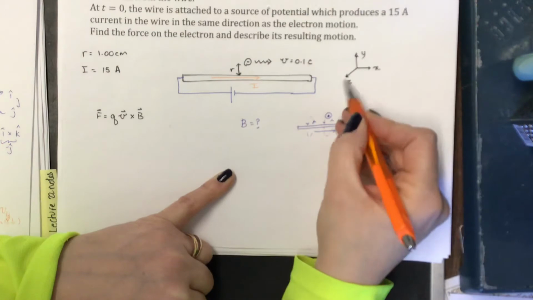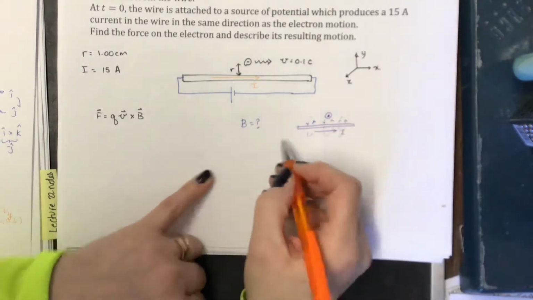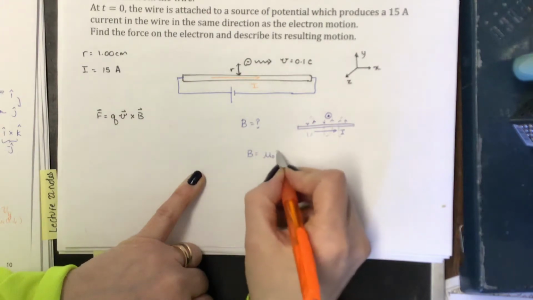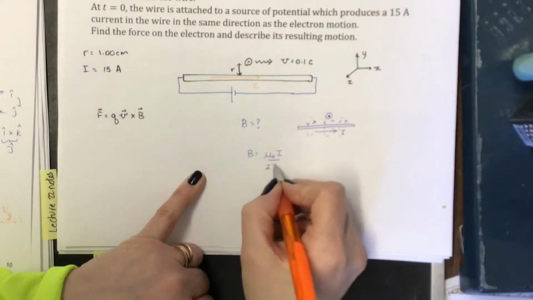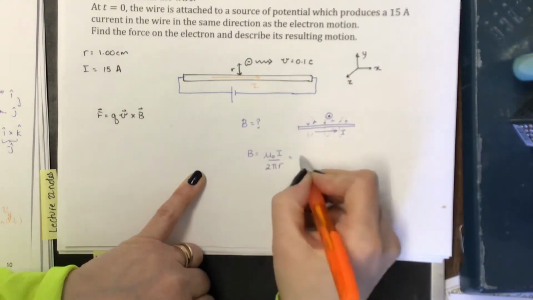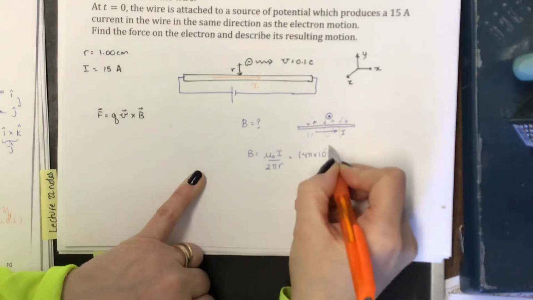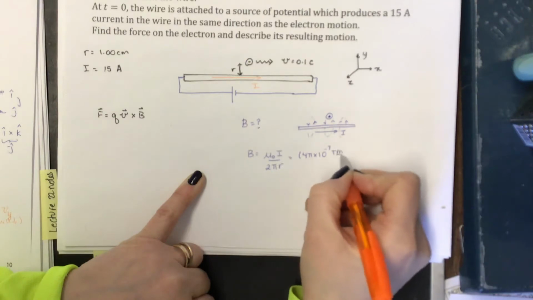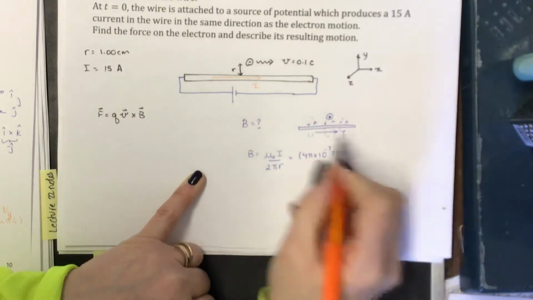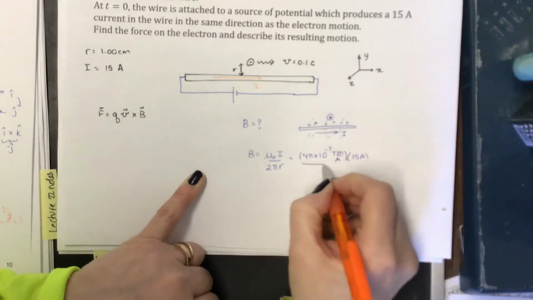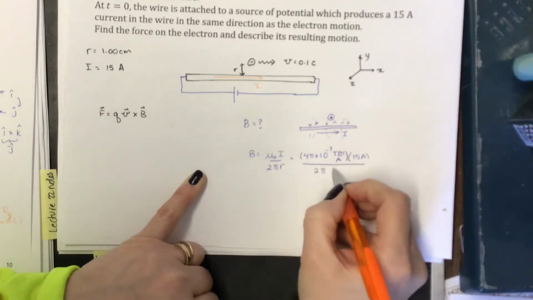The magnitude of the magnetic field is given by the expression for magnetic field around a long straight wire, mu naught I over 2 pi r. Mu naught is 4 pi times 10 to the minus 7 teslas meters per amp. Multiply that by the current, 15 amps, which is a pretty big current, divided by 2 pi times the distance between the wire and the electron, which is 1 centimeter.